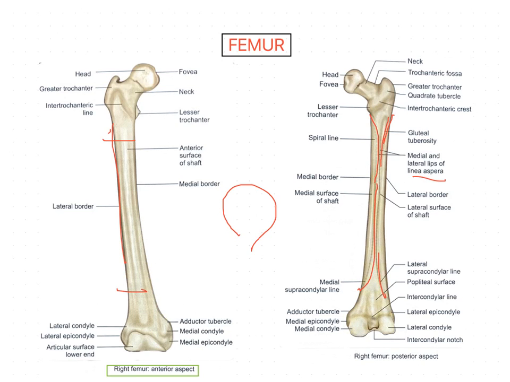If you make a cross section of the bone, this becomes the posterior part, this is the linea aspera, this one becomes the lateral border, and this is the medial border. The linea aspera is nothing but the posterior border.